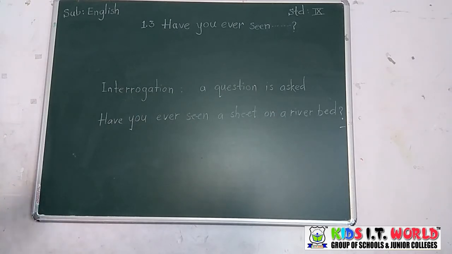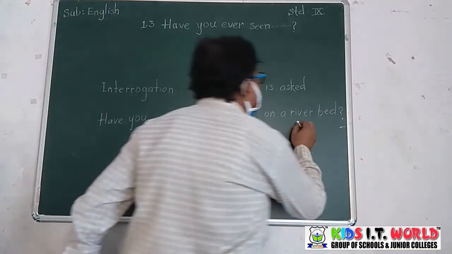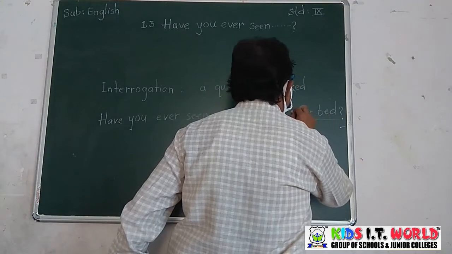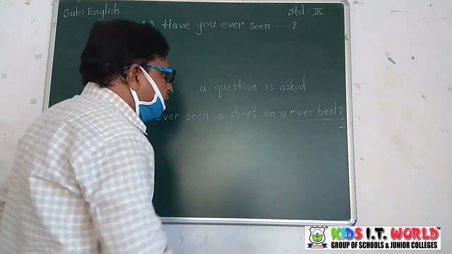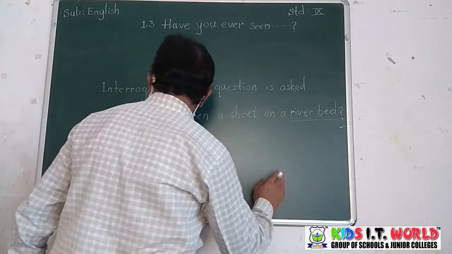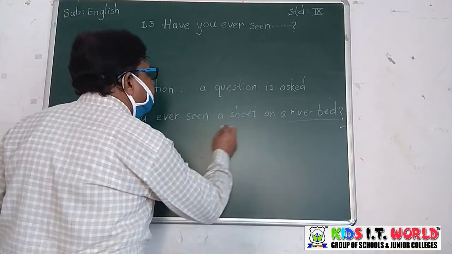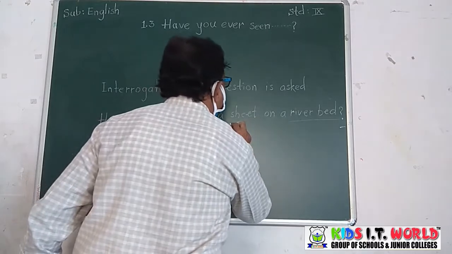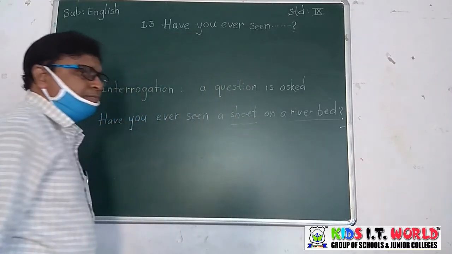Now let's go to the meaning. Have you ever seen a sheet on a river? It's a humorous poem. Now, what is the meaning of riverbed? Riverbed is where water flows, the whole part till the bank is called riverbed. No one has ever spread a sheet over the riverbed.